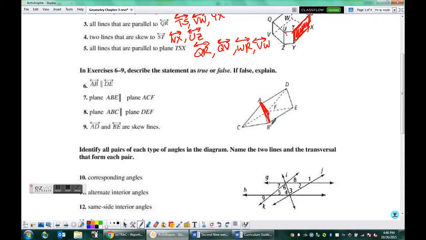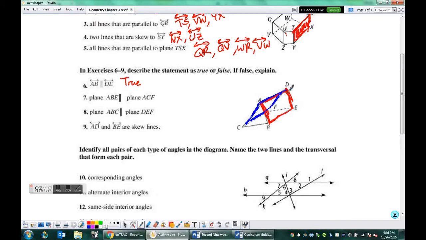Moving on to number 6. We've got line AB is parallel to line DE. True, they don't intersect and run in the same direction. Next one, we've got plane ABE, so we're talking about this plane, and plane ACF.